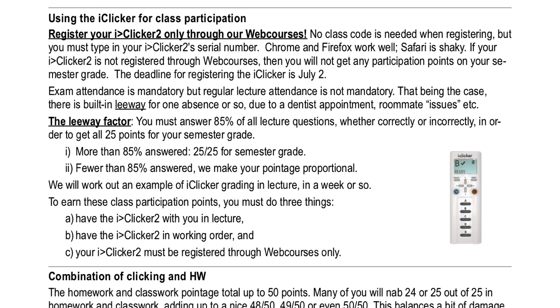Now, to earn the participation points, you have to have 3 things running for you. First of all, you have to have the iClicker with you in lecture, of course. And 2, it has to be in working order, of course.